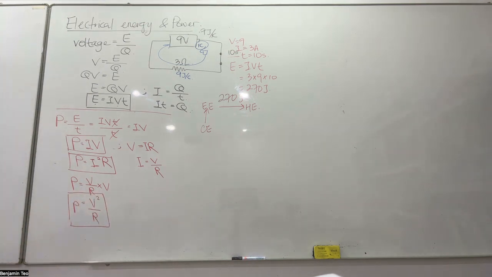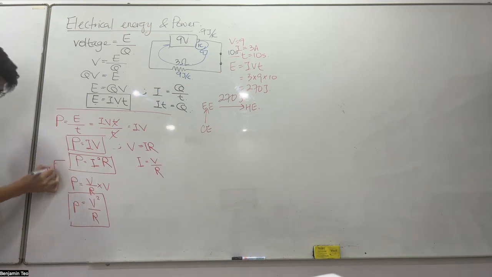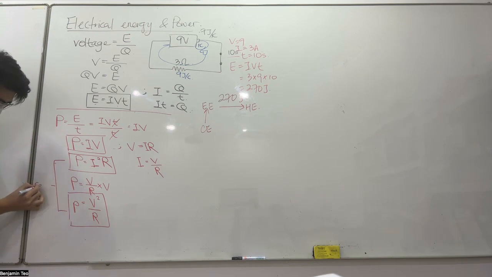You have 3 formulas of power. Which one to use? Depending on what is given. Notice that there are 2 formulas with the resistance R. So these 2 you usually use for resistors.